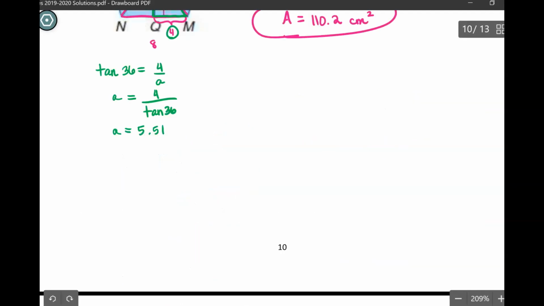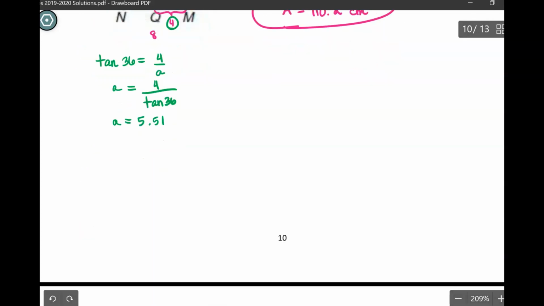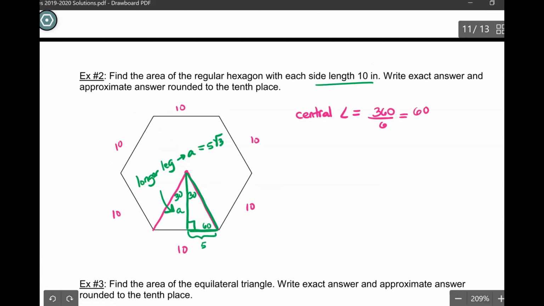Next, if we think back to our steps, we used special right triangles and found the missing measure. Next, we have to find the perimeter, and then we'll substitute into the formula. If each side length is 10, then the perimeter is 6 times 10, which is 60. Now we can do the formula: perimeter times the apothem divided by 2.